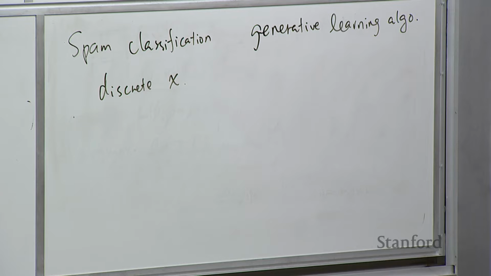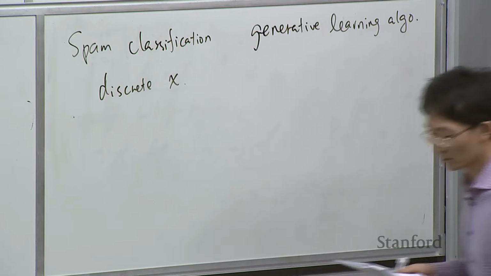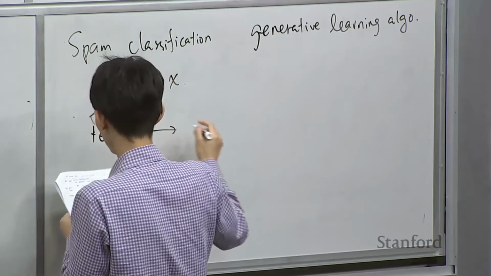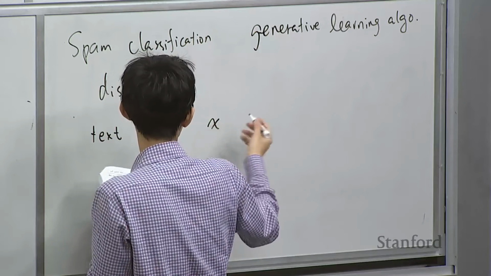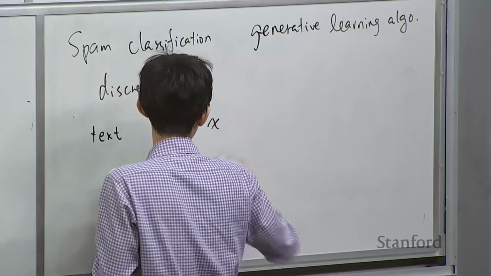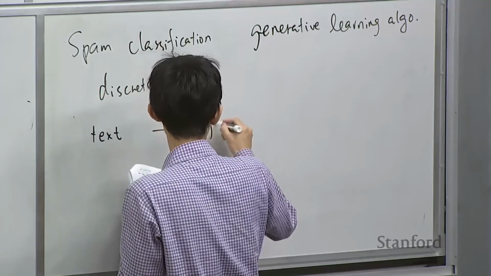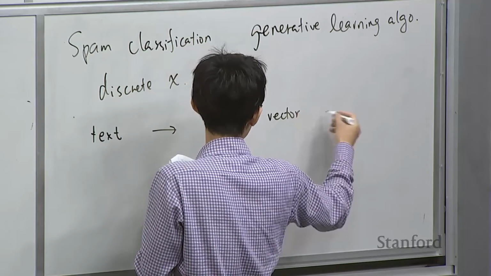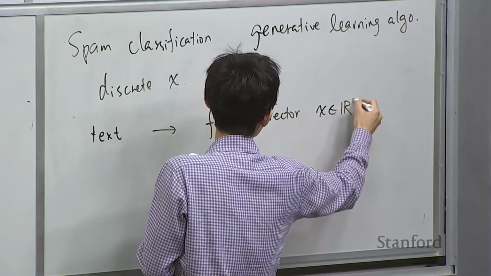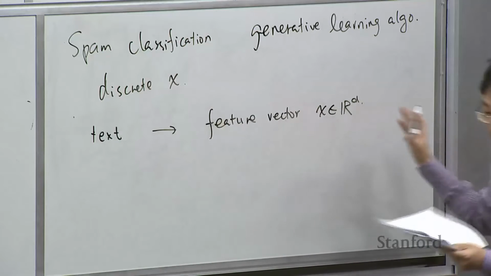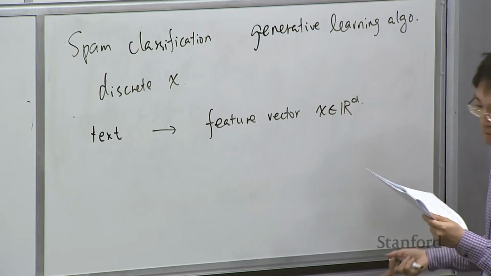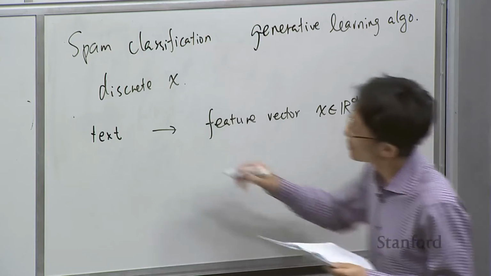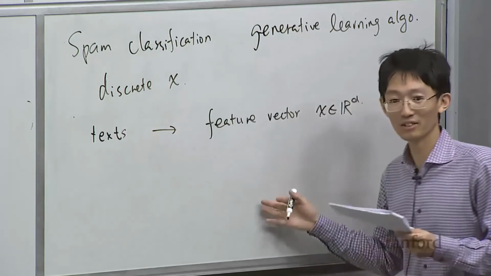So the first question is how you change the text to some X. Maybe you call this a feature vector or representation. You want to change this to X in some dimension D, and then you model X. So the first question is how do you represent text? There are many ways to represent text, and the way I'm going to tell you is a very naive way.